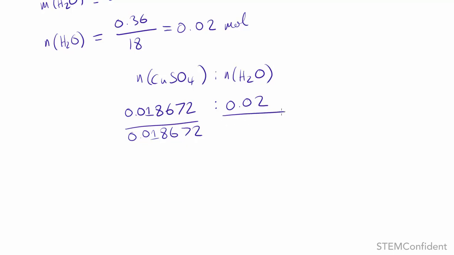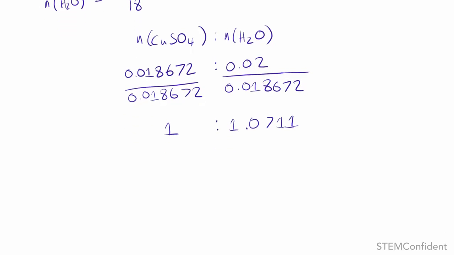So that's also divided by 0.018672. Of course this side is going to become 1, and on the other side here we're effectively going to get 1.0711.